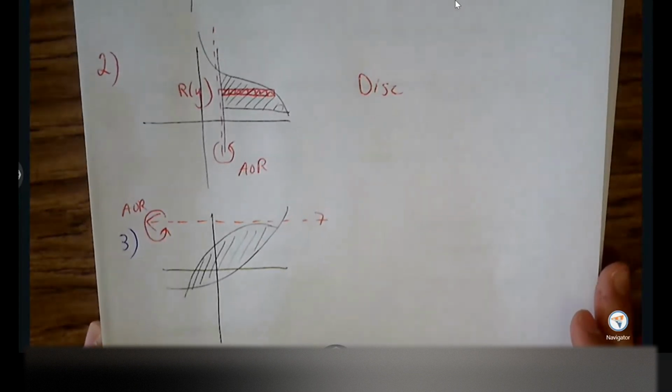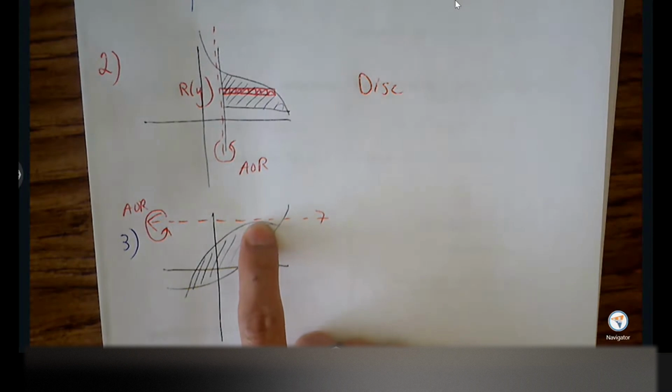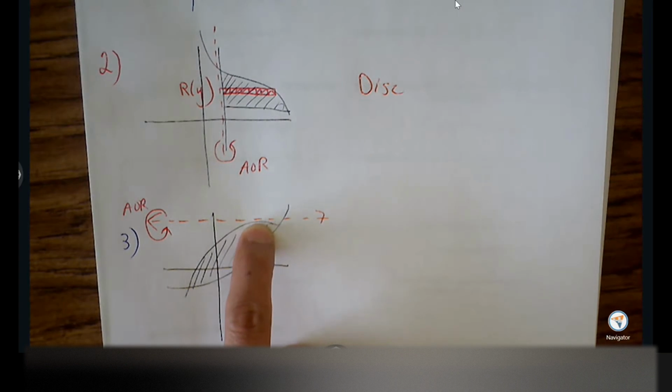All right, how about number 3? It doesn't matter if it's touching or not. It's a curved surface, so regardless of whether it's touching or not, it's going to be washer method no matter what.